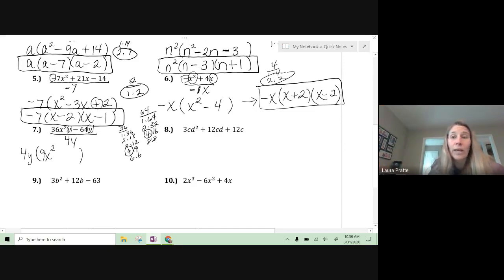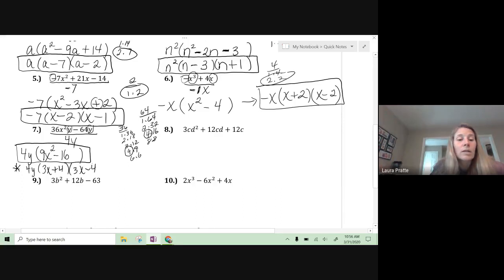Y divided by y will cancel. 64 divided by 4 is 16, and the y's will cancel. So this is what I'm going to allow you to leave for now for those. Again, this is a perfect square, so I'm just going to say for bonus, this would actually be 3x plus 4 and 3x minus 4, but we're not quite there yet, so don't worry about that part.